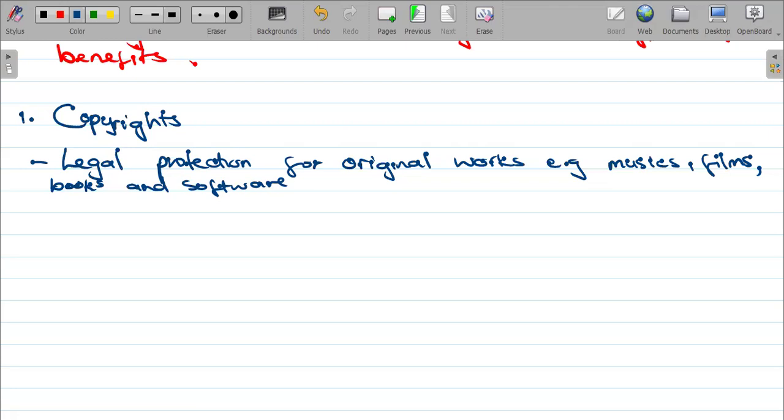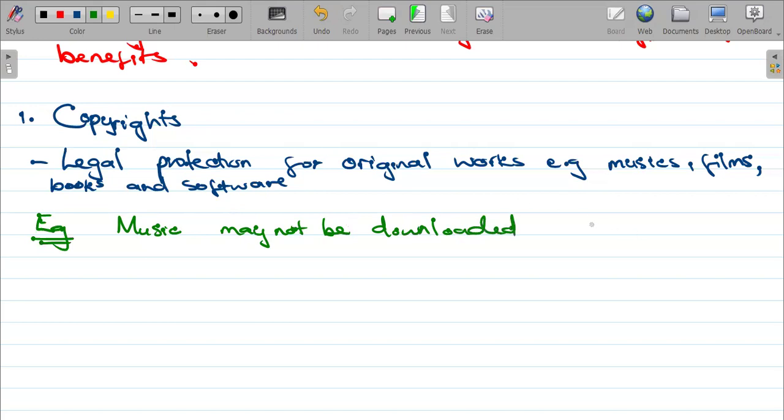Even music cannot be downloaded without permission, as well as software. For example, music may not be downloaded and sold without permission of the creators.